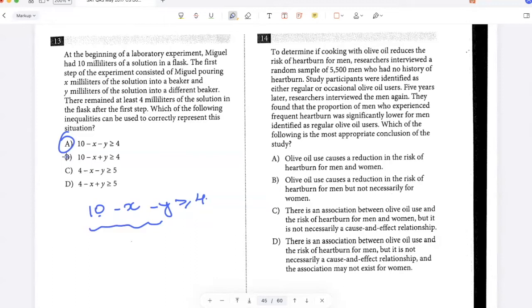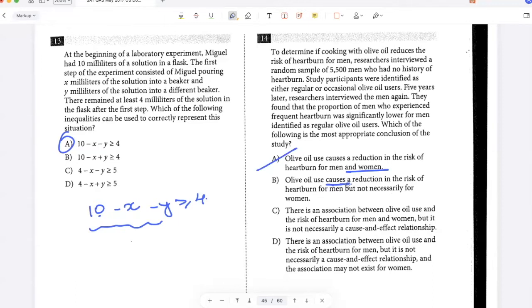Okay. Olive oil use causes a reduction in the risk of heartburn for men and women. Okay, so we can't speak about women because the study only included men. Olive oil use causes a reduction in the risk of heartburn for men, but not necessarily for women. So I'm not sure of this word causes, right? Because for establishing causation, I would have to make sure that all other factors were the same, right?